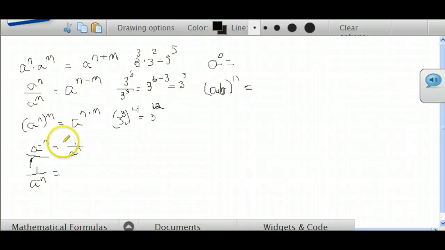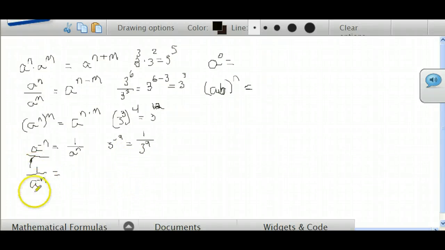So for example, if you have 3 to the power of negative 9, you can't say that that's the answer. If you had that as an answer, it would be counted wrong because you're not supposed to have a negative exponent. So the way you handle it is you flip the whole thing, so it becomes 1 over 3 to the power of positive 9. And now the 9 is positive. If everything is positive, then you can turn it in and say that that's the answer. You can't say 3 to the negative 9 is the answer.